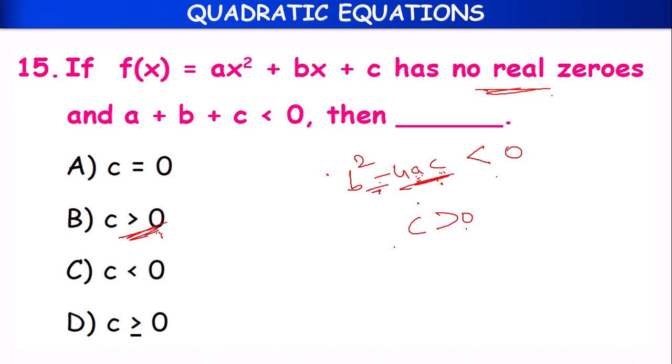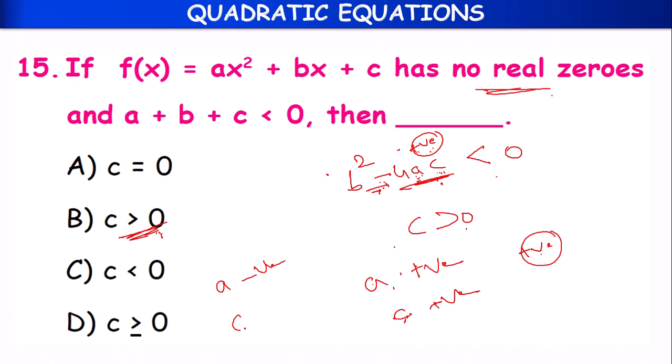If A is positive, C also positive, then AC product will be positive, and minus into plus, we will be having a minus value. Or if A is negative, C is negative, then minus into minus, plus, plus into minus, minus we will get.